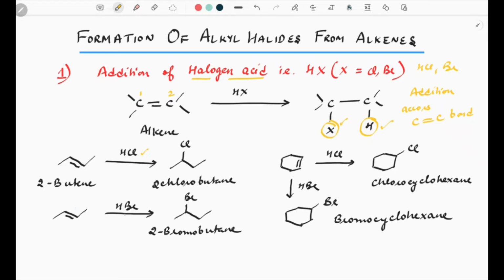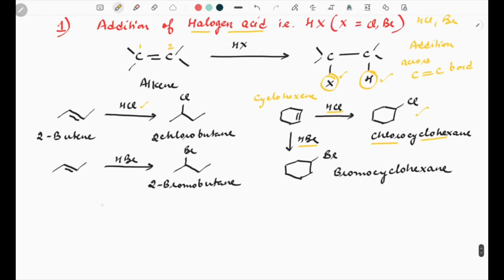Similarly, if it is treated with HBr, it is converted into 2-bromobutane, whereas when cyclohexene is treated with HCl, chlorocyclohexane is formed, and when it is treated with HBr, bromocyclohexane is formed. So all these alkenes are termed symmetrical alkenes.